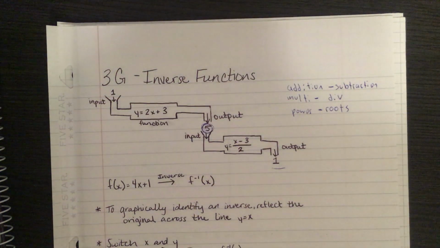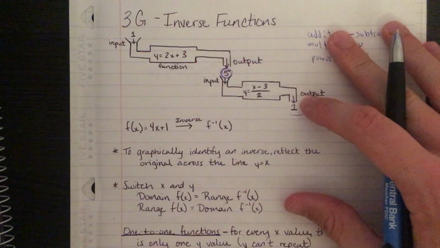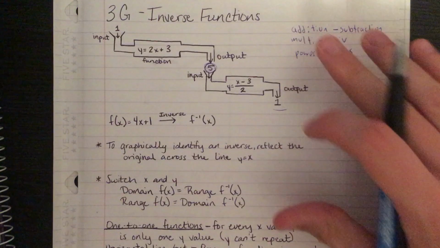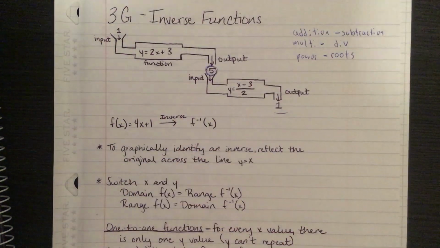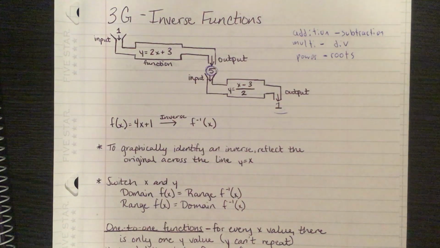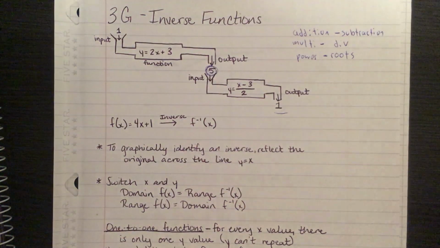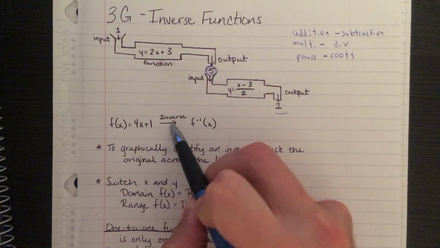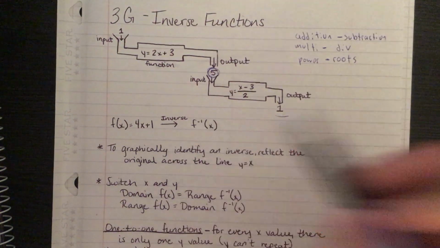Now the way that we write notation for inverses. If f of x equals 4x plus 1, remember, f of x stands for a function of x. The notation for the inverse is f with a little -1 there.